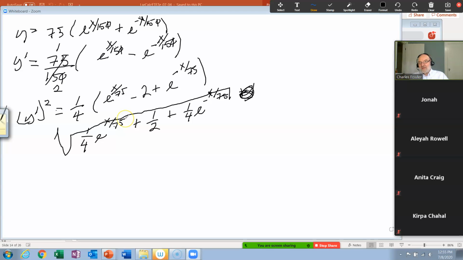So this is the perfect square of, I'm going to pull out the 1/4, just like we did before. And the square root of 1/4 is 1/2. And then the perfect square that was in here was e to the x over 150, plus e to the minus x over 150.